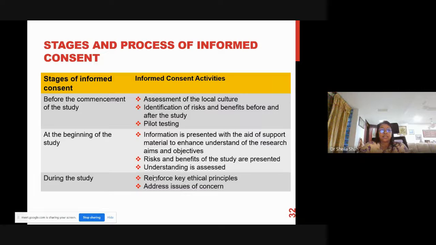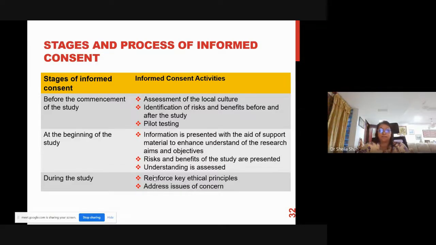Stages of consent. Here you see the words pilot testing. Pilot testing means before you do it with a big group of people, you take a small number of people and do the study first. If everything is okay, then only you extend it to a bigger group. Stages: before the commencement of the study, do a pilot.